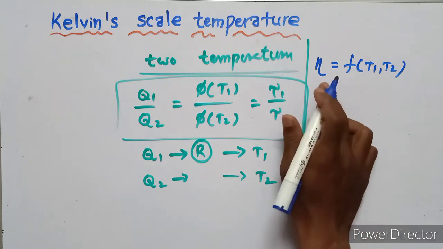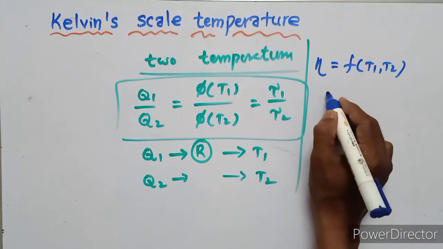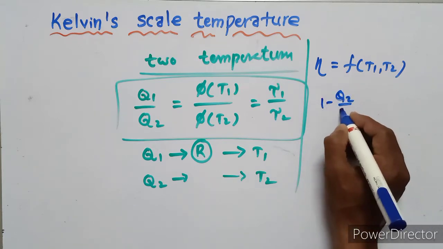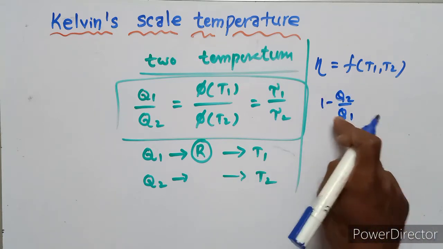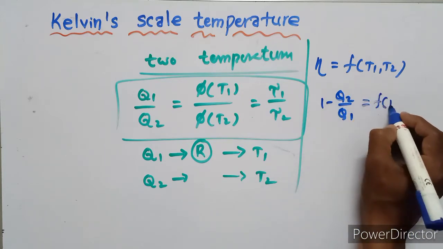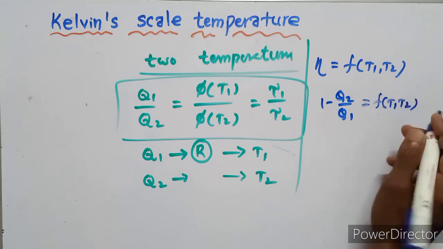So here the efficiency is 1 minus Q2 upon Q1, that is (Q1 minus Q2) upon Q1, and it is a function of T1, T2.